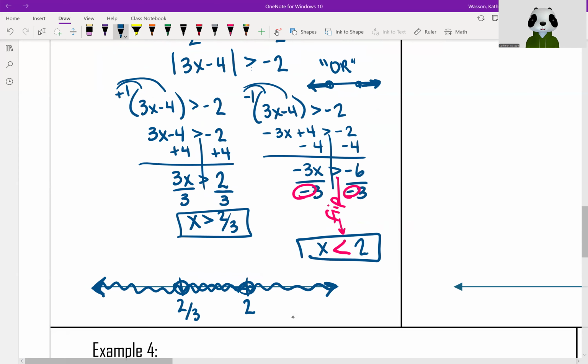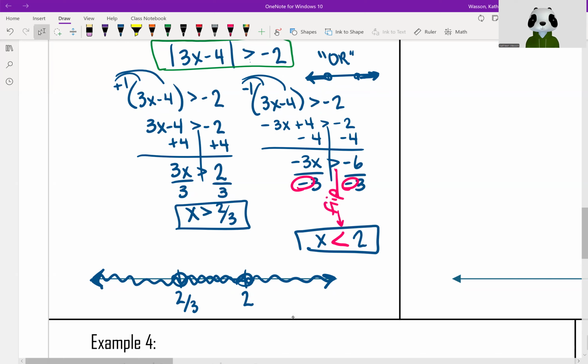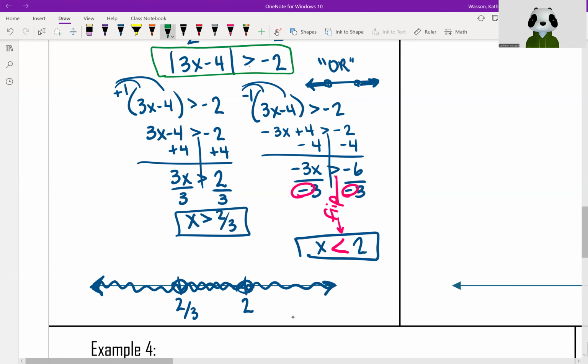Since when this was isolated I had a greater than and I decided it was OR, this isolated problem, absolute value greater than negative 2, is always true. The definition of absolute value says that everything could be equal to a positive number or greater than or less than a positive number.